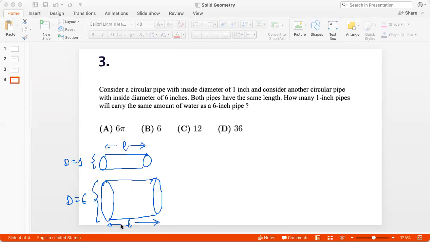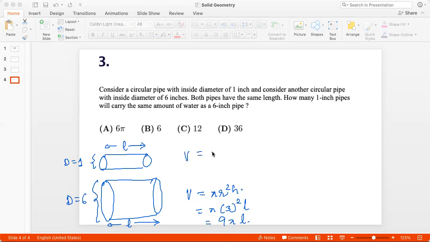How many 1 inch pipes will carry the same water as a 6 inch pipe? So what is the volume of the 6 inch pipe? It's pi R squared H, which is pi 3 squared L, which is 9 pi L. And what is the volume of the 1 inch pipe?